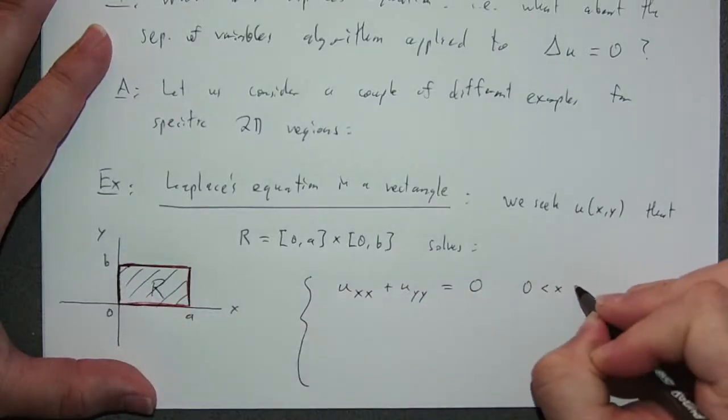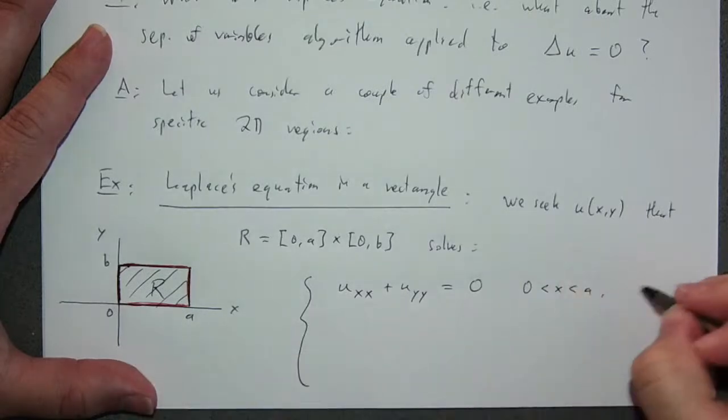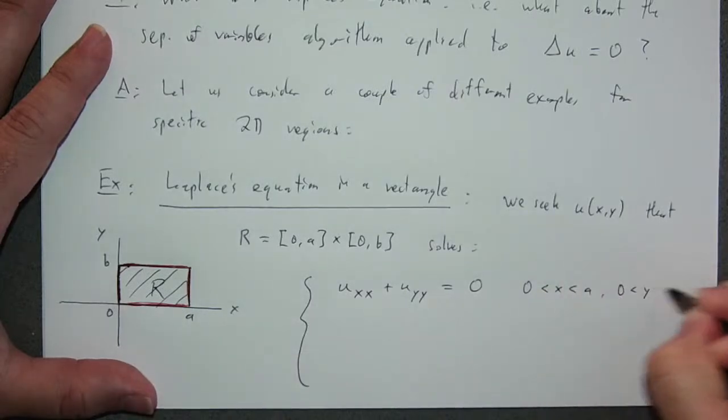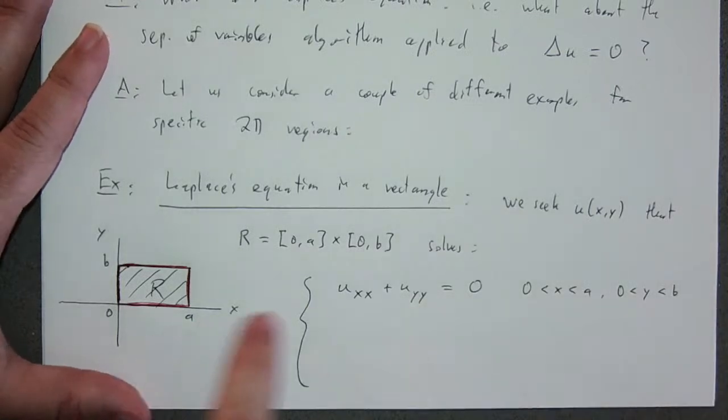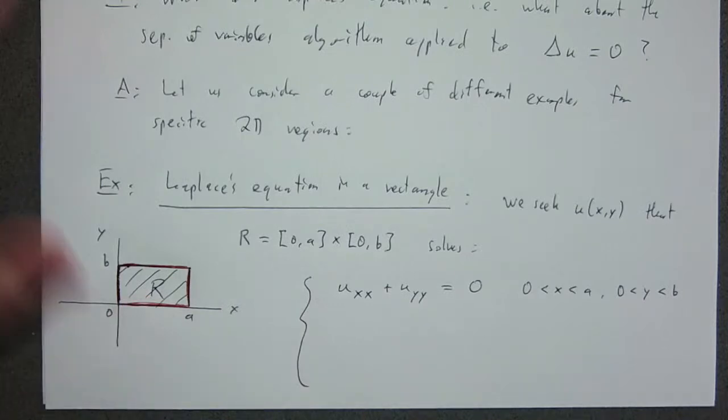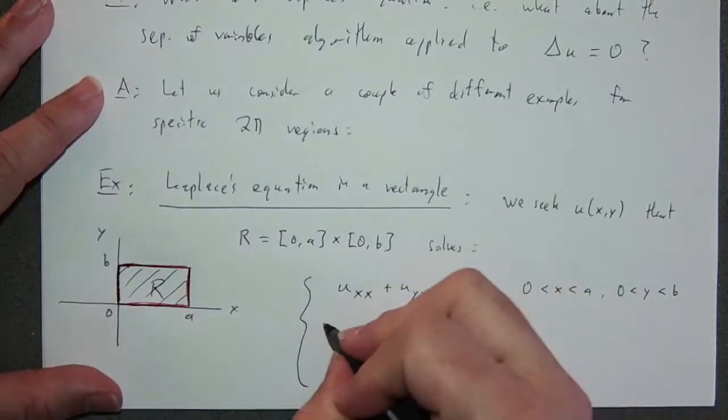This is x strictly between 0 and a, y strictly between 0 and b. Okay, so we want to solve Laplace's equation on the interior of this region. And on the boundary, we prescribe boundary conditions.